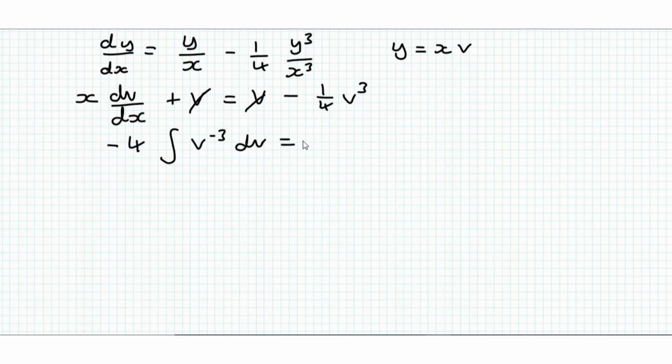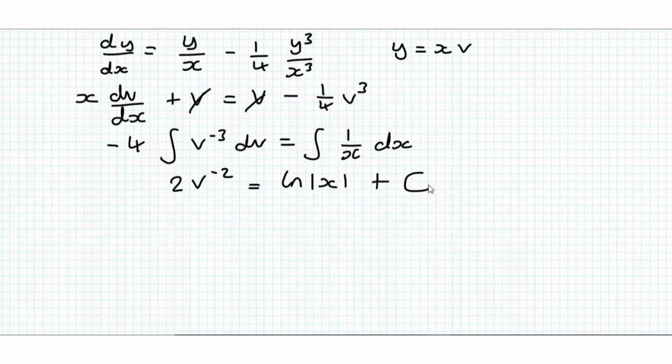These are pretty standard integrals. Here we get 2v to the minus 2, and then here we get ln the modulus of x, and then we add a constant on the end of this side.